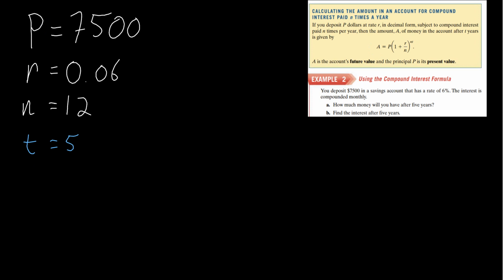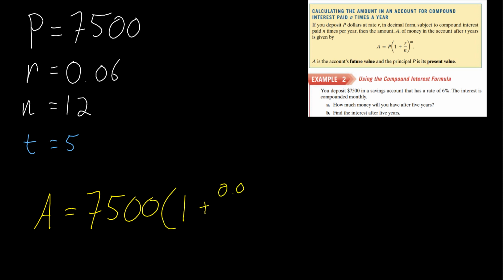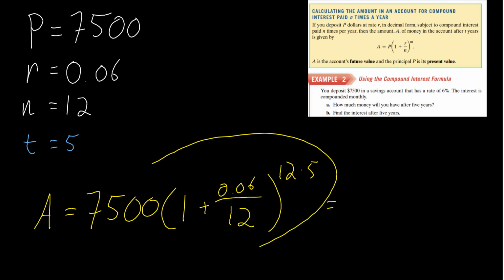So A is going to be P, which is 7,500, times 1 plus my rate, 0.06, all over my N, which is 12. And let's just go ahead and do the math of N times T. Actually, let's not do that, just for the sake of doing this thoroughly. All I have to do is put this into my calculator, right?